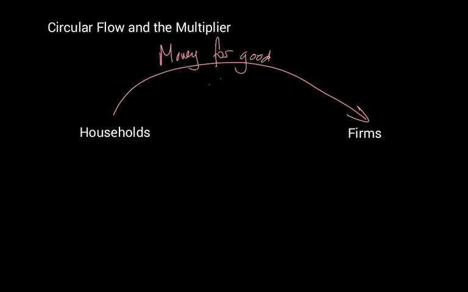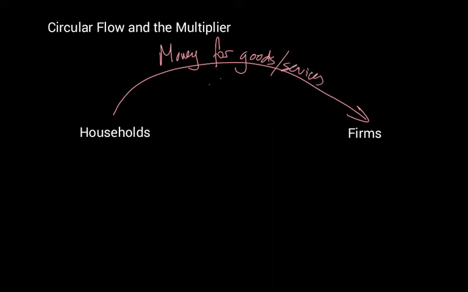So we know that the economy, in very simple terms, is made up of households and firms, and the households spend money in the firms. Let's clarify this: we have money going that way, from households to firms. That's money for goods and services going that way.